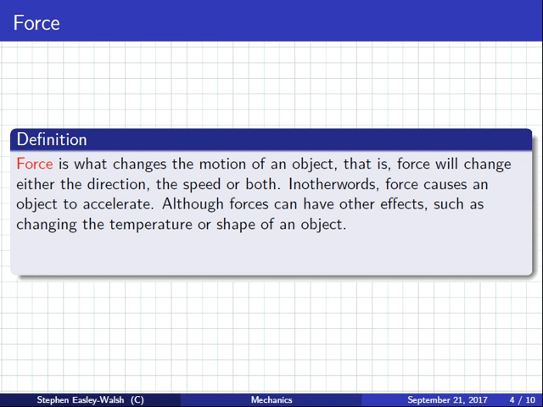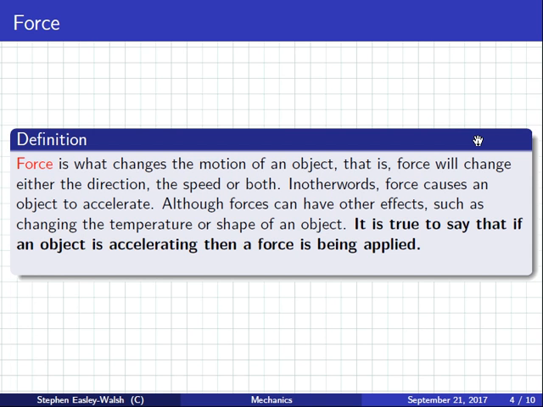For example, if I have this piece of paper here, I could use a force to accelerate it, but also I could use a force to change the shape, or maybe if I rub it to change the temperature. So not always, but for us, force will change the acceleration, but it can also change the temperature and shape.